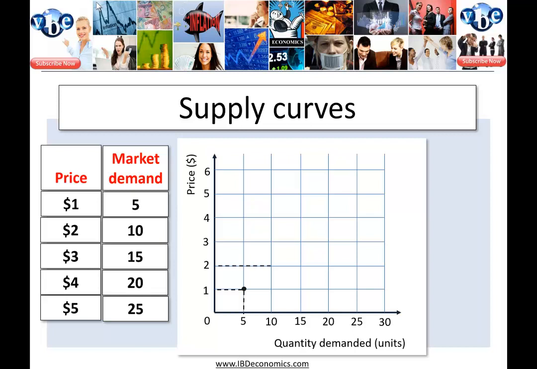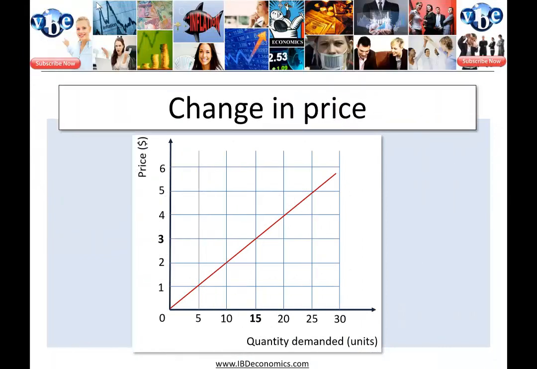So the price of $1, 5 is the quantity supplied, $2, 10 is quantity supplied, and so on and so on until we've used up our range of prices. Link those together, we have our supply curve, and that's exactly how it's derived.